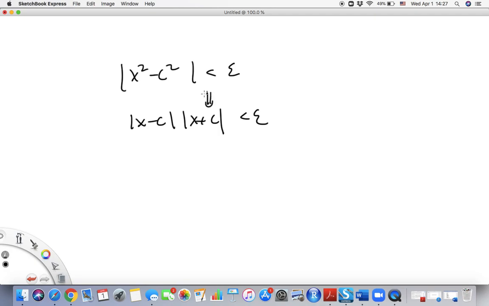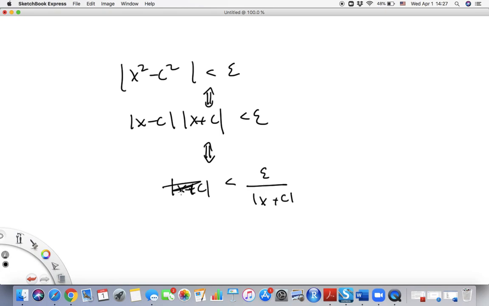Okay, so say you want x squared minus c squared to be less than epsilon. Okay, so as before, we factorize. So this will be true, so these are if and only if. And then this is if and only if the absolute value of x minus c is less than epsilon over the absolute value of x plus c, right?